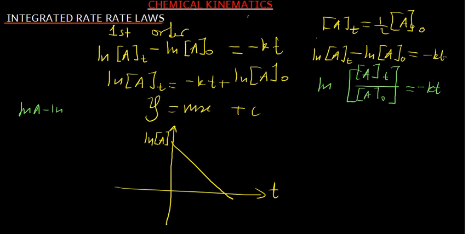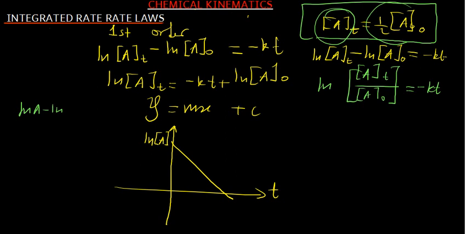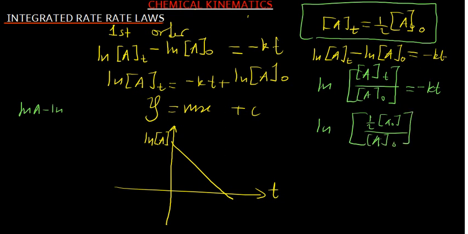So using this one which is here, where there is A at t, we are going to substitute half initial concentration, and so this becomes natural log of 1 over 2 initial concentration, divided by initial concentration, and that is going to be equal to negative kt. Well, this is the same thing when it is dividing. What are we going to have there in this case?